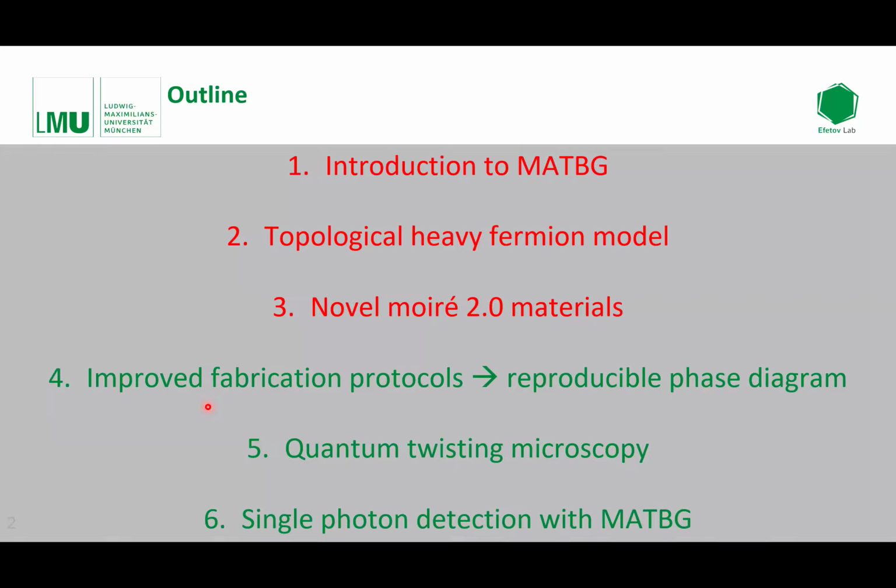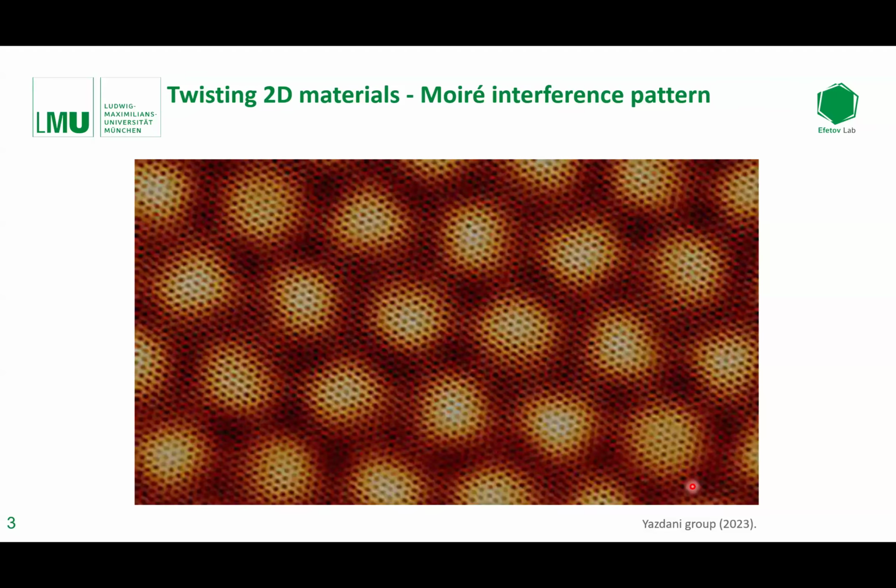I will talk about the quantum twisting microscope, which evolved as a new technique to immediately prepare and measure these twisted heterostructures. And last but not least, I'll also talk about some quantum sensing with the two-dimensional superconducting states formed by these moire materials.